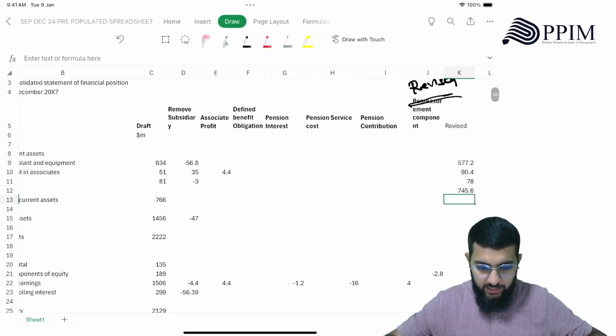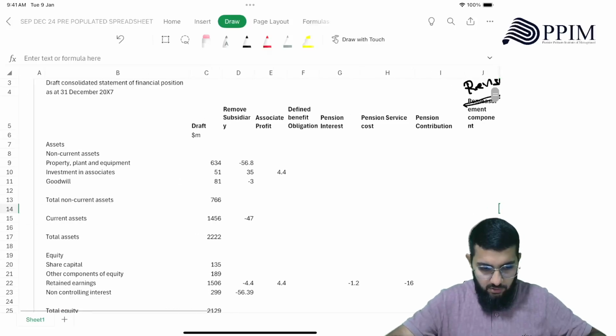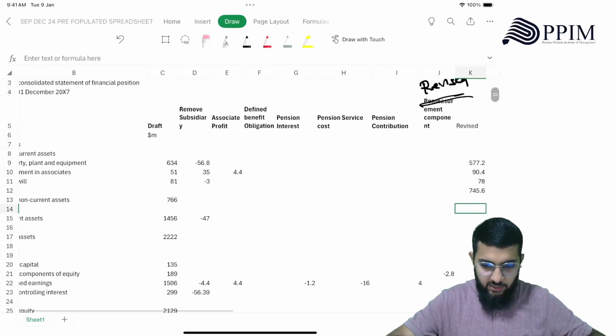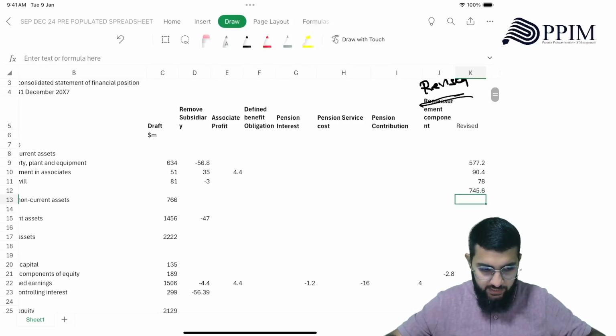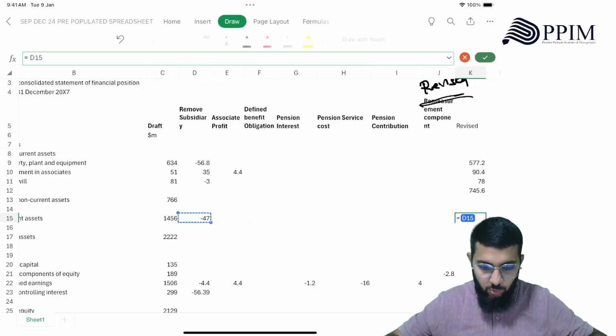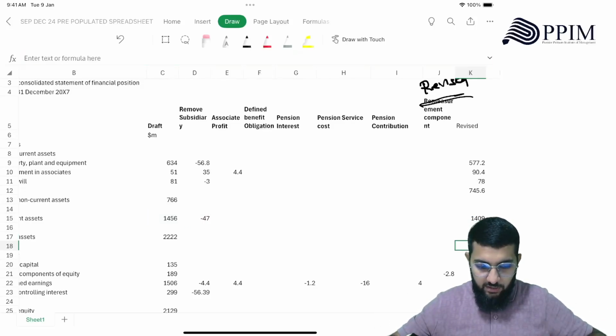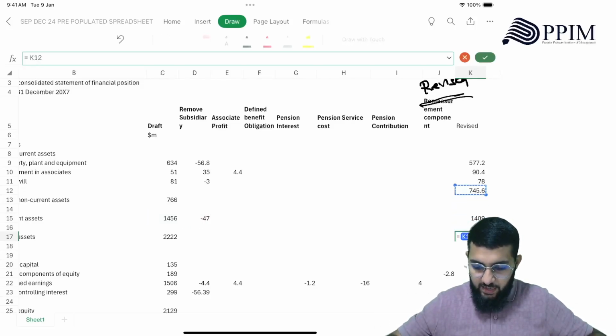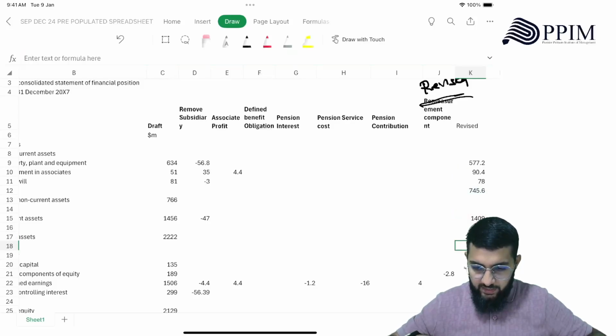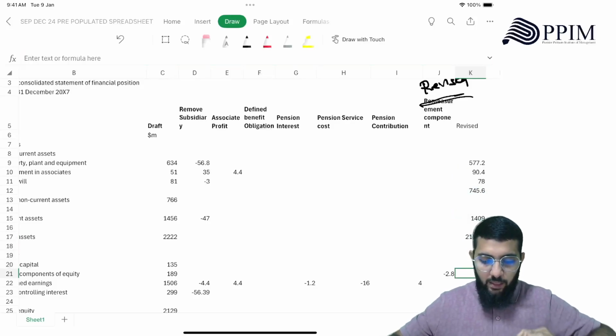Then total current asset. These are total non-current, 745.6. Then total current asset: there's an adjustment there also where we have removed the subsidiary's current asset, because when we are consolidating, we would have added that. So now our total assets are non-current asset plus current asset, 2154, right?